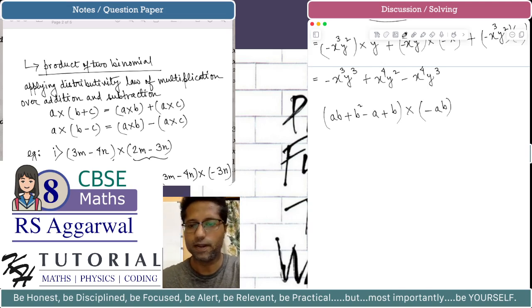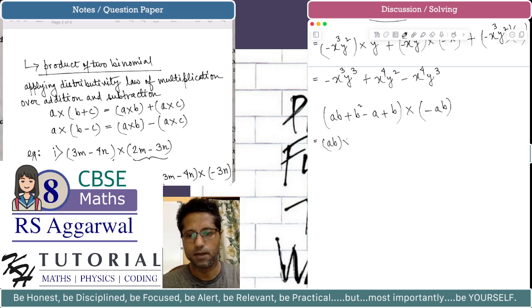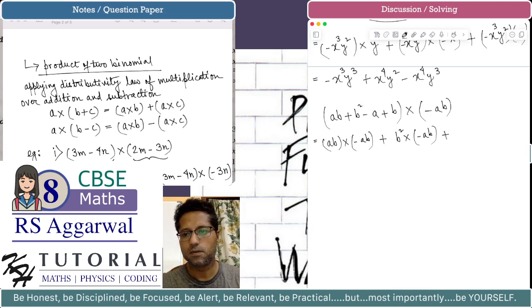So you just find the product of the monomial minus ab with all the terms of the polynomial and add them. So this will be ab multiplied by minus ab, plus b square multiplied by minus ab, plus minus a into minus ab, plus b into minus ab.